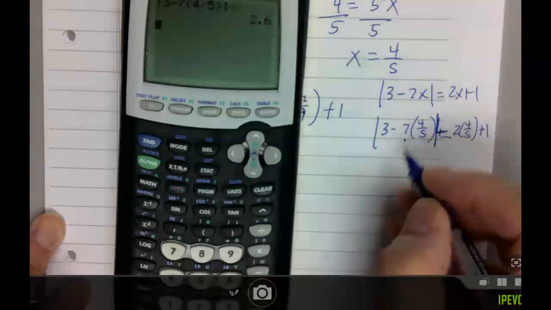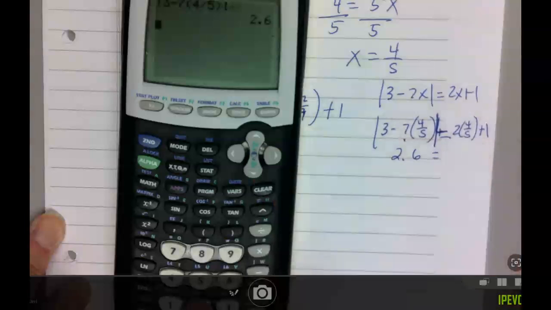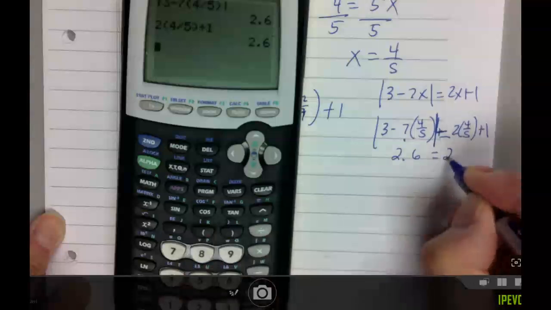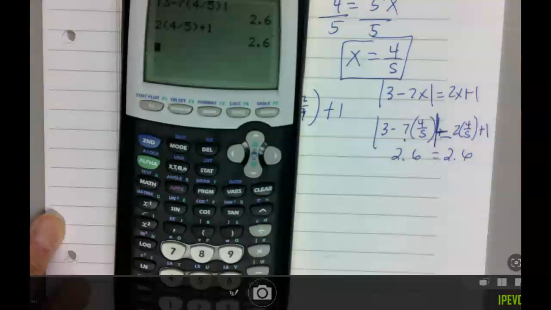I get 2.6. This one over here, take 2 parentheses 4 divided by 5 close parentheses plus 1, and what do I get? 2.6. So they were both solutions this time, weren't they?